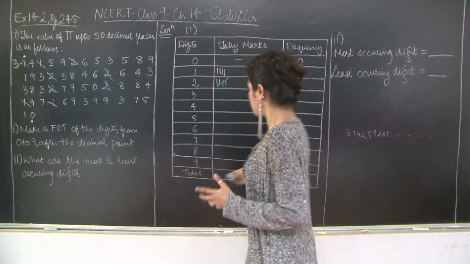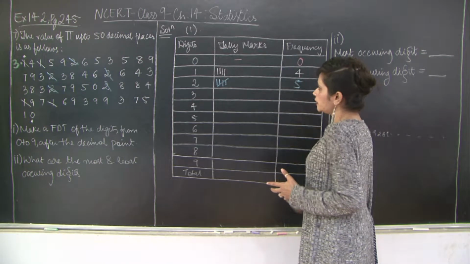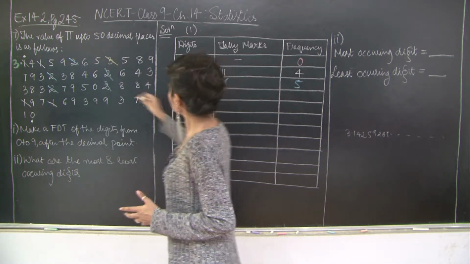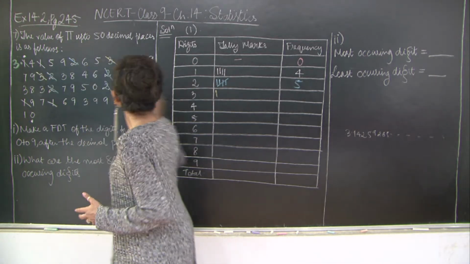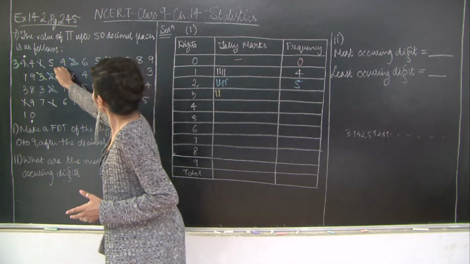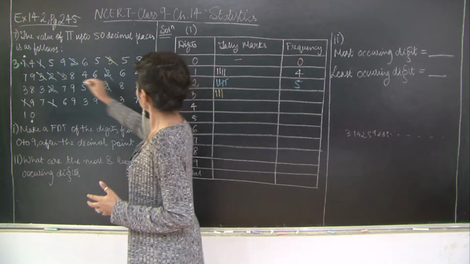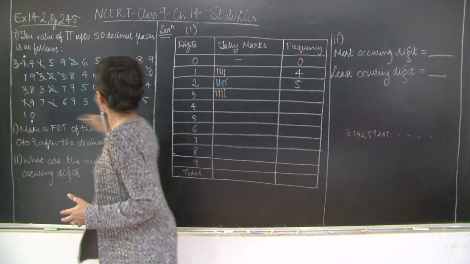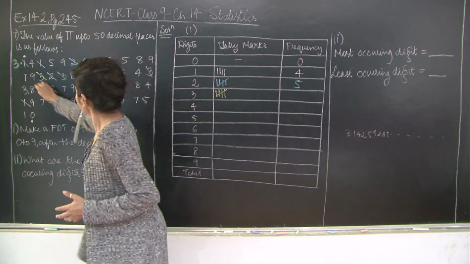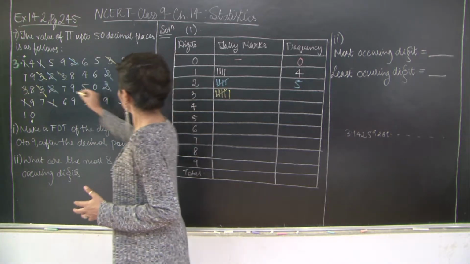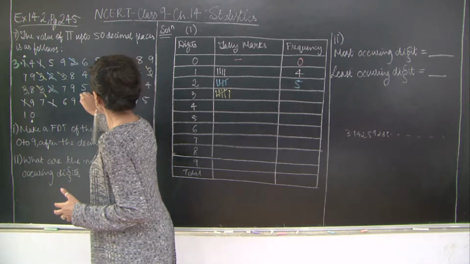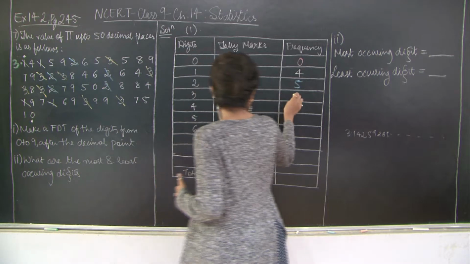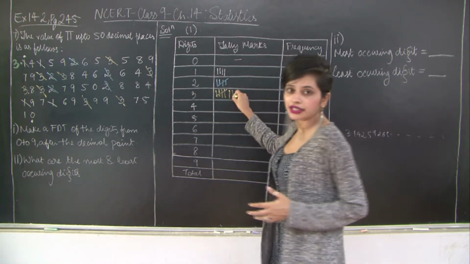We'll take the counts of 3 only from after the decimal point. So there is 1, 2, 3, 4, 5, then another 1, then 2 and 3. So this is 8. 5 plus 3 is 8.